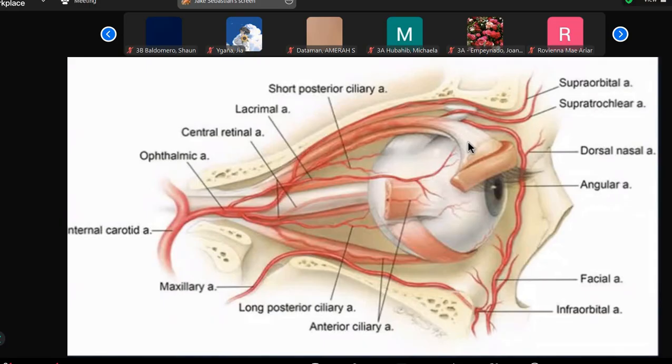Each muscle, superior rectus, etc., has two arteries each, except for the lateral rectus. The lateral rectus only has one, so it's unpaired. Ischemia is therefore greater for the lateral rectus if we cut the muscle.